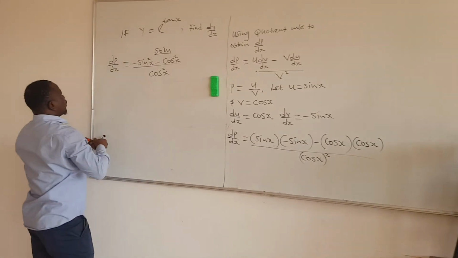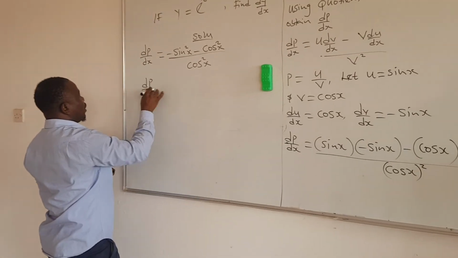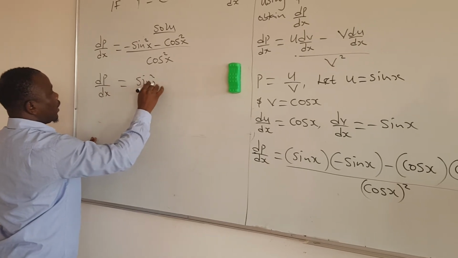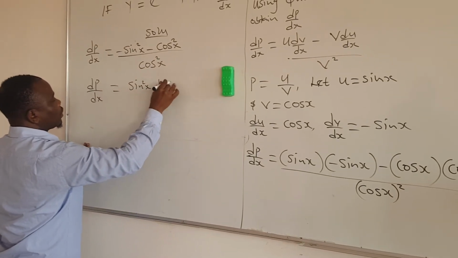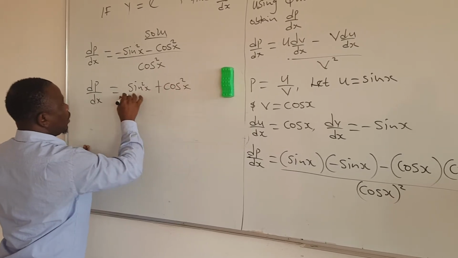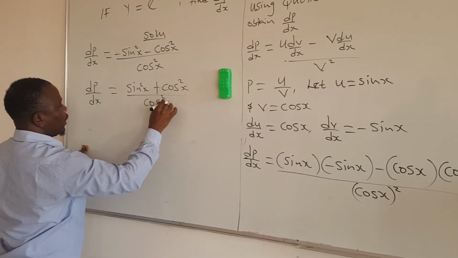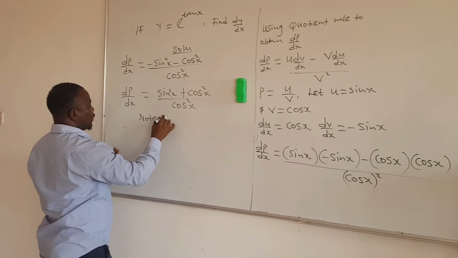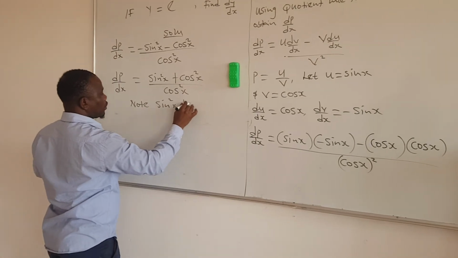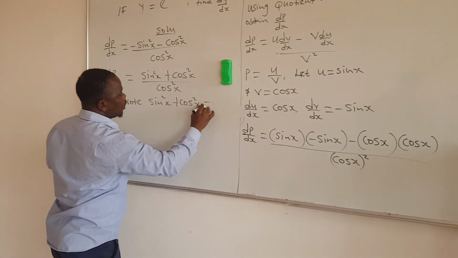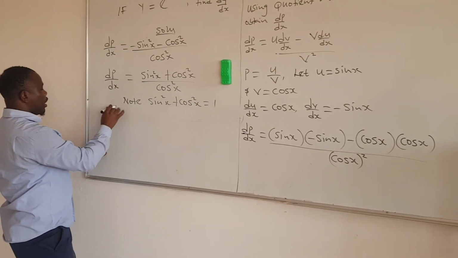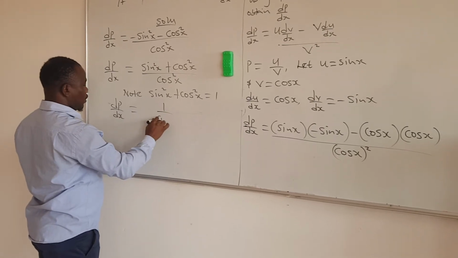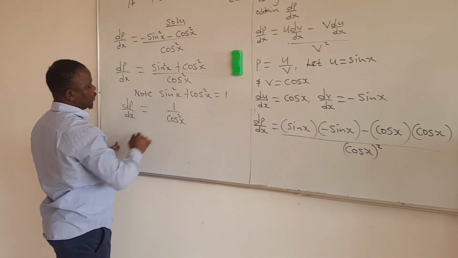So if you agree with me, our dp all over dx is equal to sine squared x plus cos squared x all over cos squared x. Then note that sine squared x plus cos squared x is going to give us 1. True or false? So our dp all over dx is equal to 1 all over cos squared x.